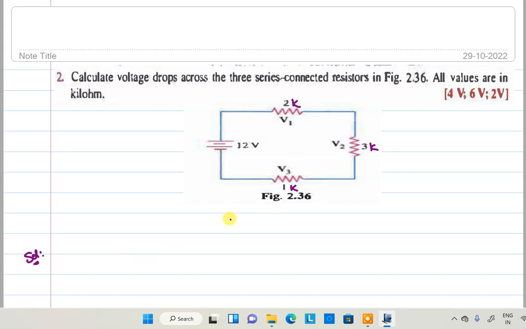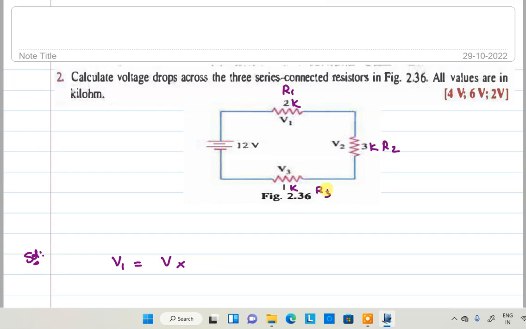So that's why I will give the voltage division rule formula directly. What is the voltage division rule formula? If you want to find the voltage drop across V1, take R1, R2 and R3.